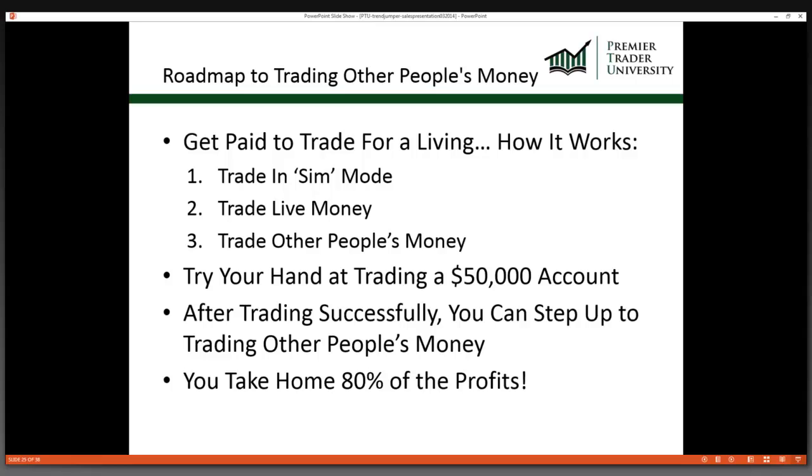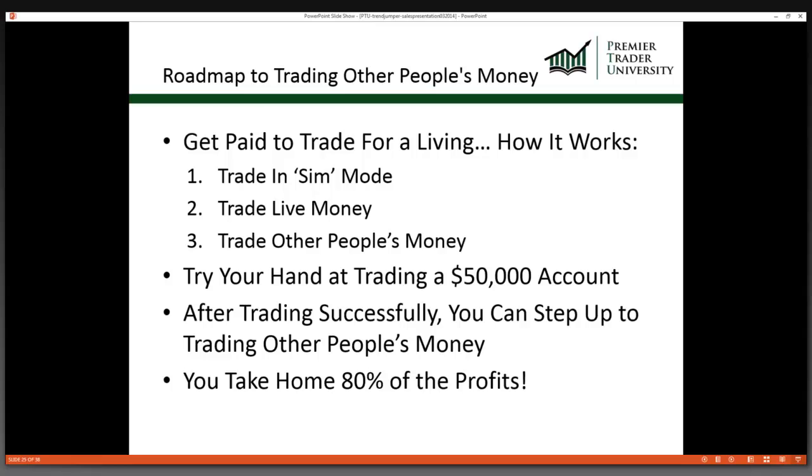Now, one of the really neat things that's brand new, we have never done this before in the university, is we're going to have some special presenters that are actually NetPicks PTU owners, prior students, and they went through an entire process where they literally were able to get to the point of trading professionally and trading other people's money, so they're being staked and funded. And they get to keep, as you can see, the majority of the profits. So if you've ever thought, geez, this is great and I could do this, but I'm not going to have the capital, we're going to actually show you a roadmap and a way to get to the point where you will be staked, will be able to trade other people's money.